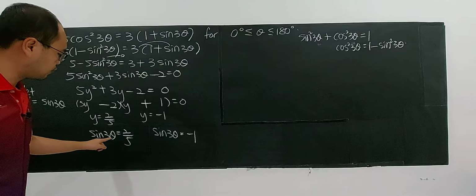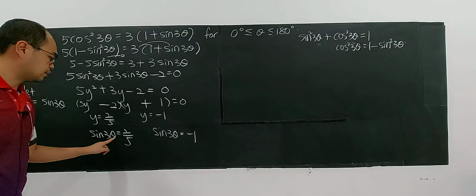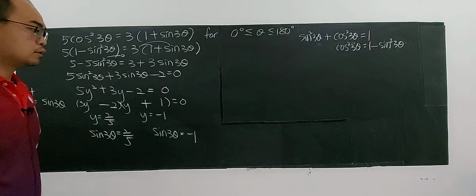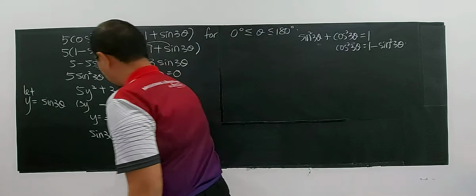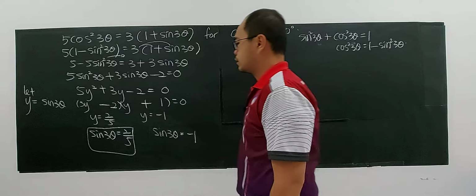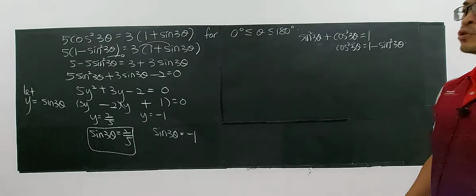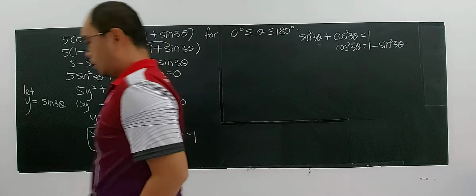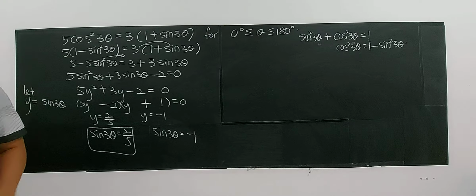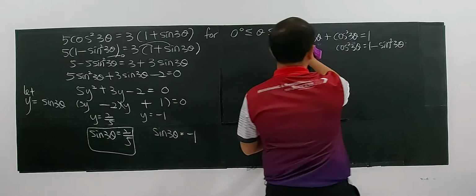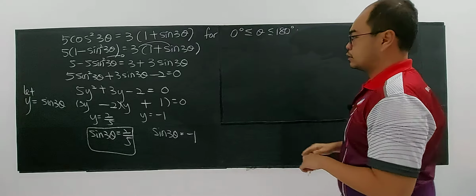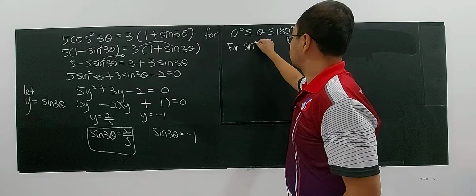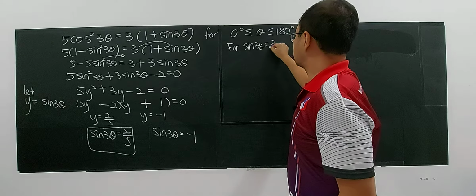Then you want to find the value of theta that satisfies this equation. So we consider the first case first: sine 3 theta equals 2 over 5.